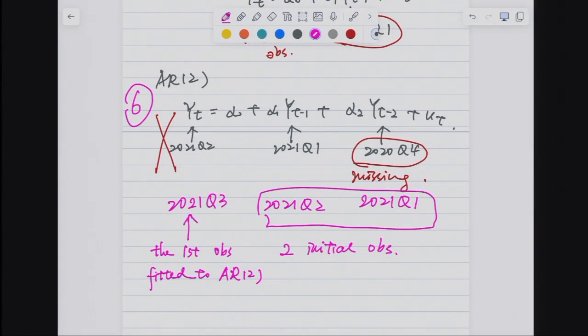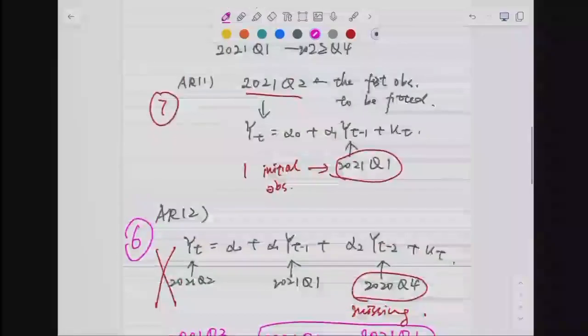But when we are comparing across different models, we need to ensure that everything is the same except for the number of parameters or the number of variables included. Then how can we ensure the same effective sample size for AR1 and AR2?